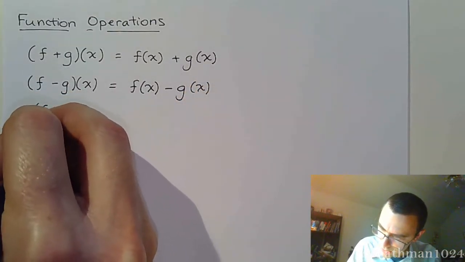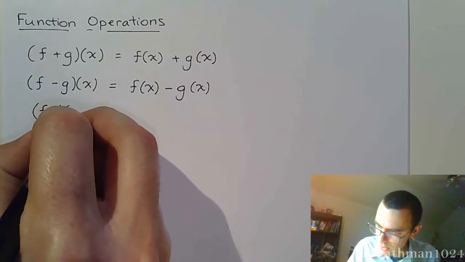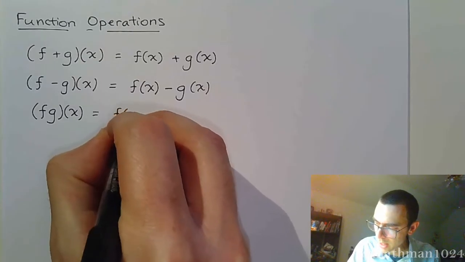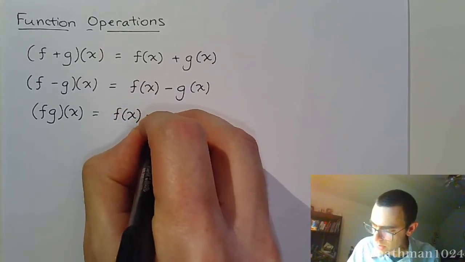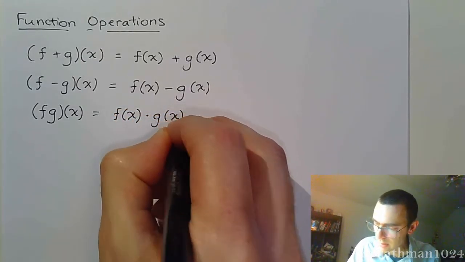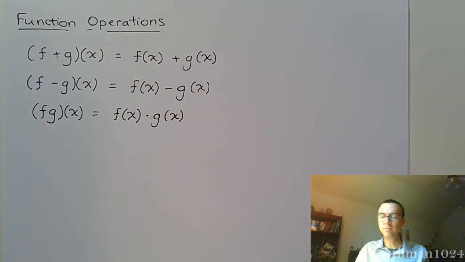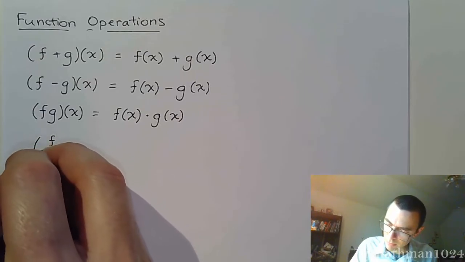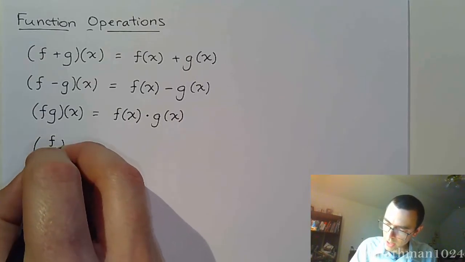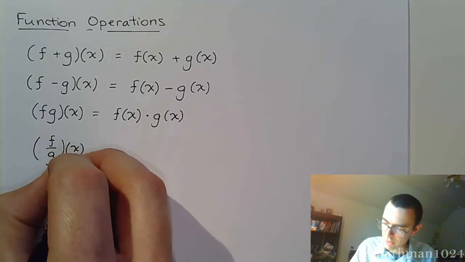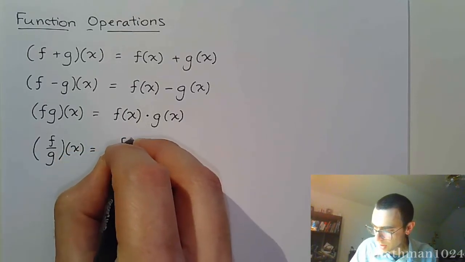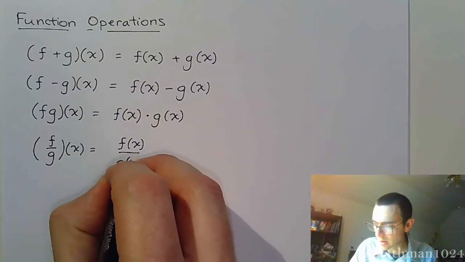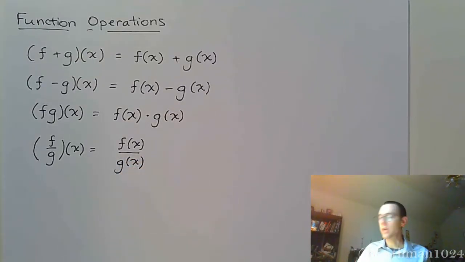If we have f and g right next to each other, well, that means that we're doing f(x) times g(x). And finally, if we have f over g of x, that just means that we are dealing with the quotient f(x) over g(x).